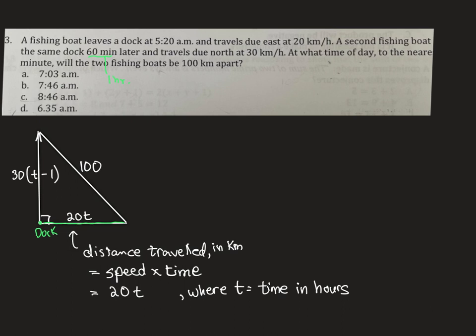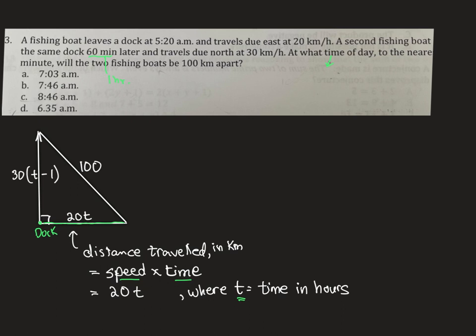So we have to recall that distance is equal to speed times time, and time is actually what we're looking for. So time is going to be, we're going to call it t, and that's going to be the time of day from 5:20 in the morning in hours.